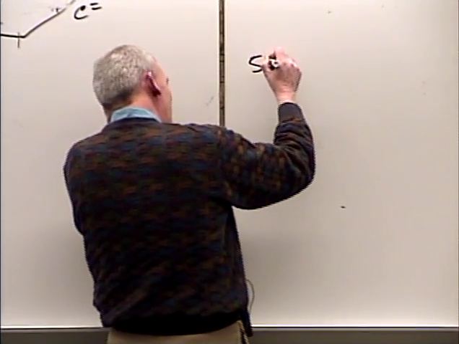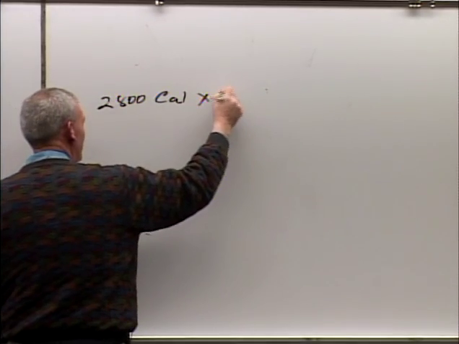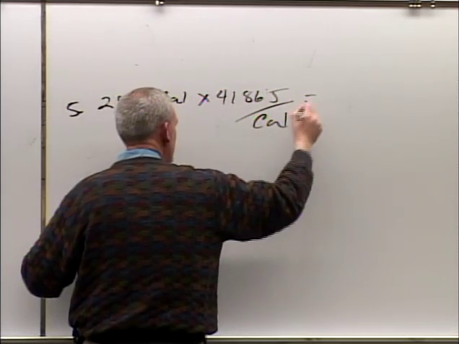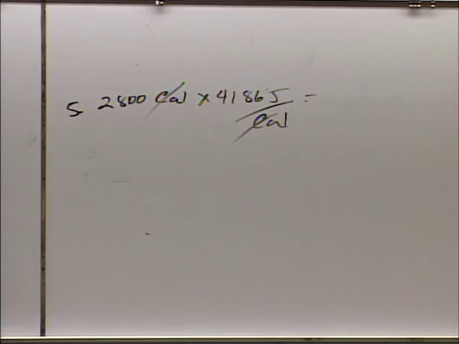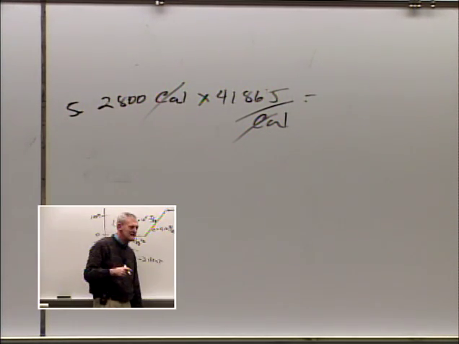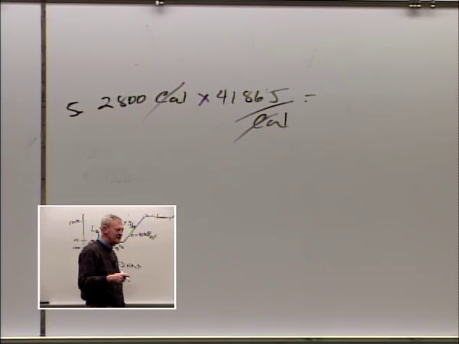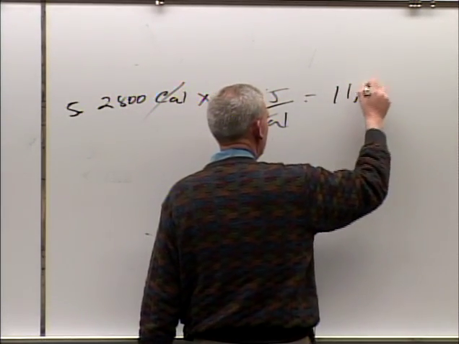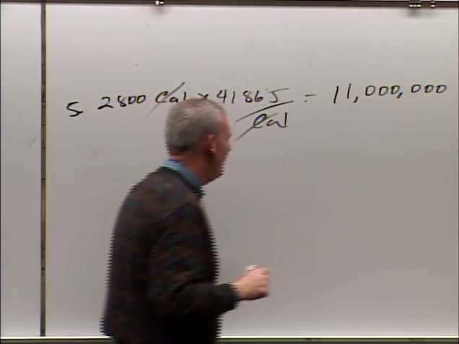For problem 5, we've got 2,800 calories, and now I'm doing physics on the fly, which is dangerous, times 4186 joules per big calorie. So we multiply 2,800 times 4186. What's the first number? 11,720,800. Okay, 11 million. We'll just leave it at 11 million joules.